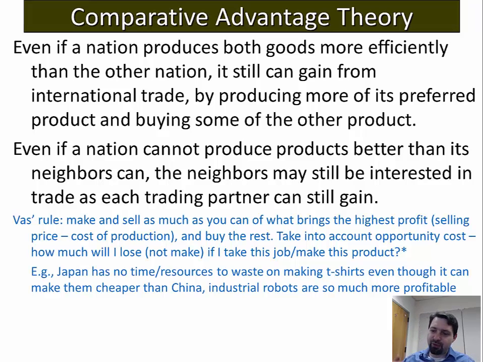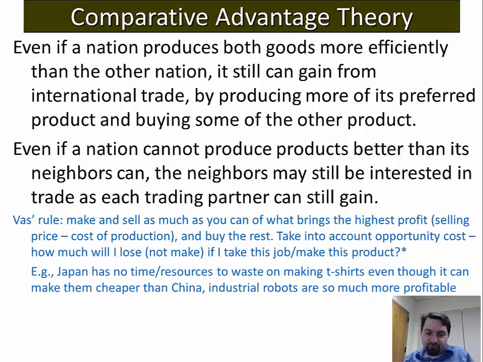At the same time, what this tells us is that if you are not best at anything, like if you happen to be a country that doesn't have any absolute advantages, it doesn't make anything better than the neighbors, you still may have your place in the world economy. You still may be making things that even though others make better than you, they may still be interested in buying it from you, because for them it's a less profitable product, so you can still be able and should be offering that product to them.